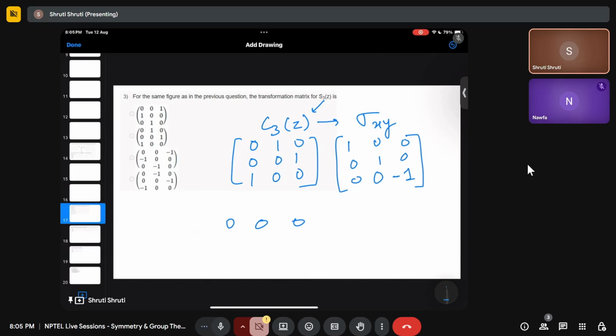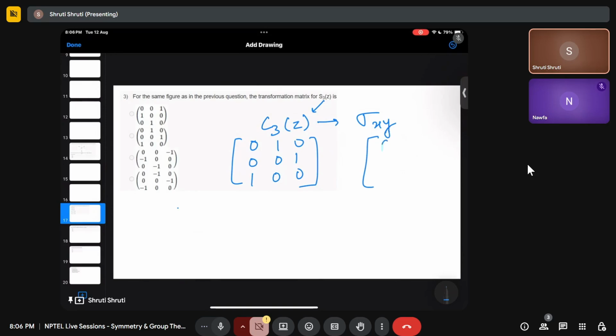After C3, okay. This is wrong. After C3, when you apply C3Z and then a perpendicular plane, all the elements will invert by 1.